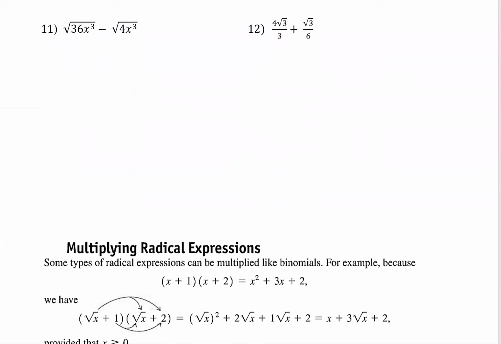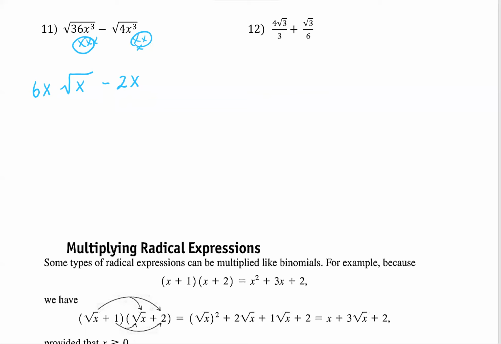Number 11, the square root of 36 is 6. And then if we simplify x cubed, we have a pair of x's, and then a factor we didn't use. The square root of 4 is 2. We have the same x's.